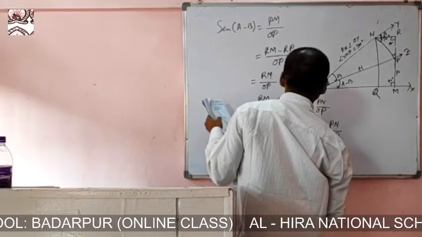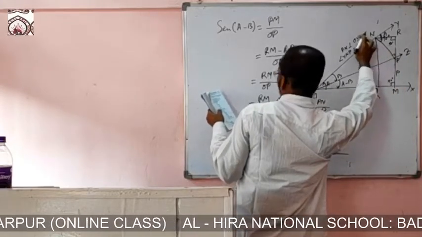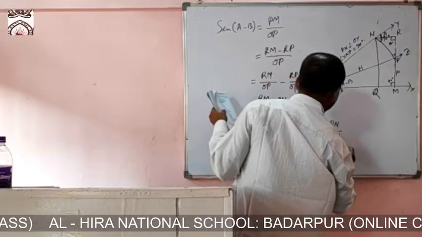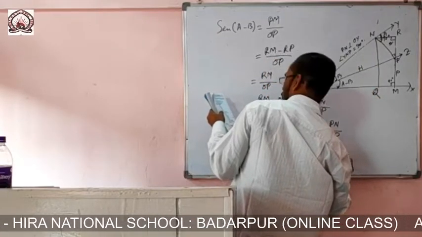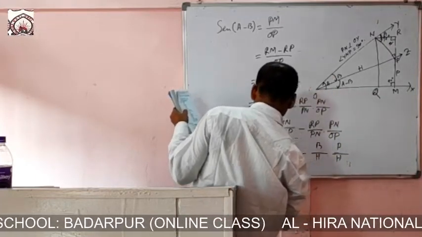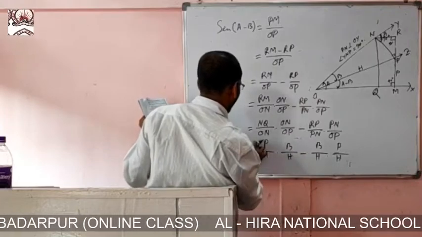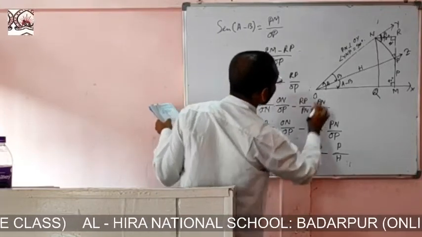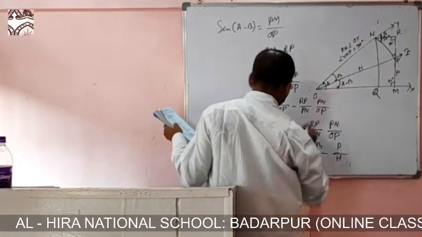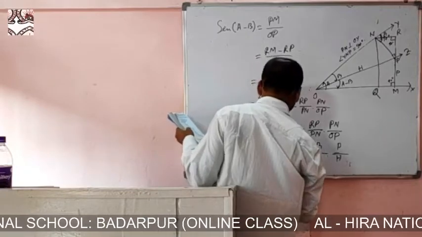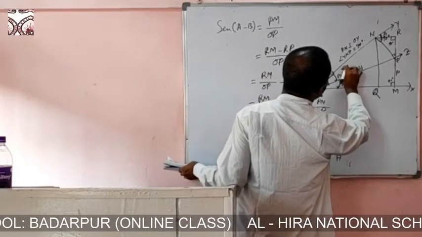Then PN is perpendicular, and OP is hypotenuse. So perpendicular by hypotenuse is sine, and this bigger angle is A, so sine A. And base by hypotenuse, this angle is B.